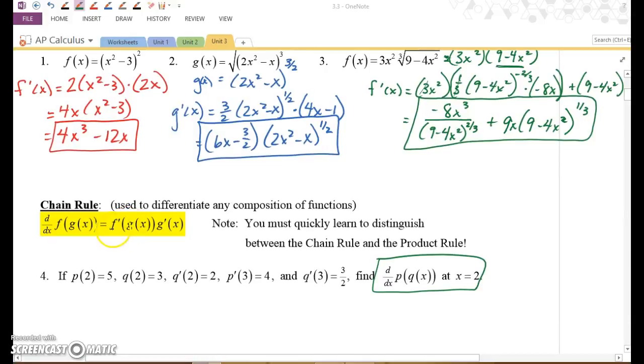So we have the derivative of f of g of x times the derivative of g of x. We're doing this question over here with the p and the q. The derivative of this, the d dx, is going to equal, and let me write that all out so I have correct symbolism, the p derivative of q of x times the derivative of the inside.